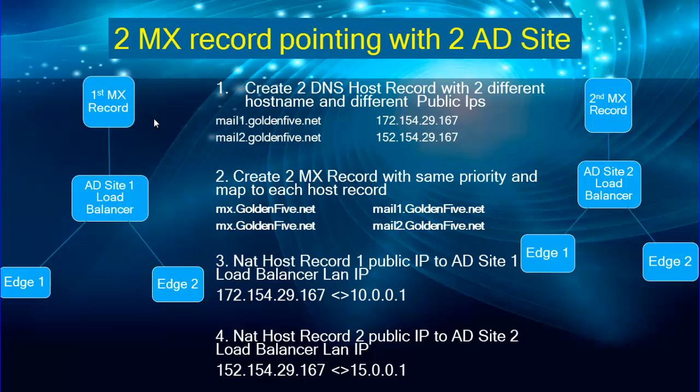So in this case, we can use two MX records, pointing one to one site, the second to the second site, and then the host record is there pointing to the different AD sites. Then it comes through the load balancer, and the load balancer is doing load balancing as well with 2 edge servers in each site.